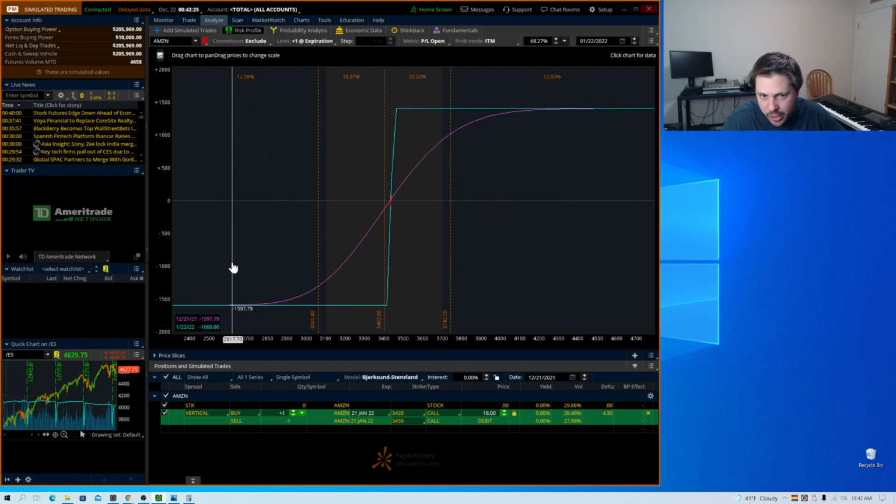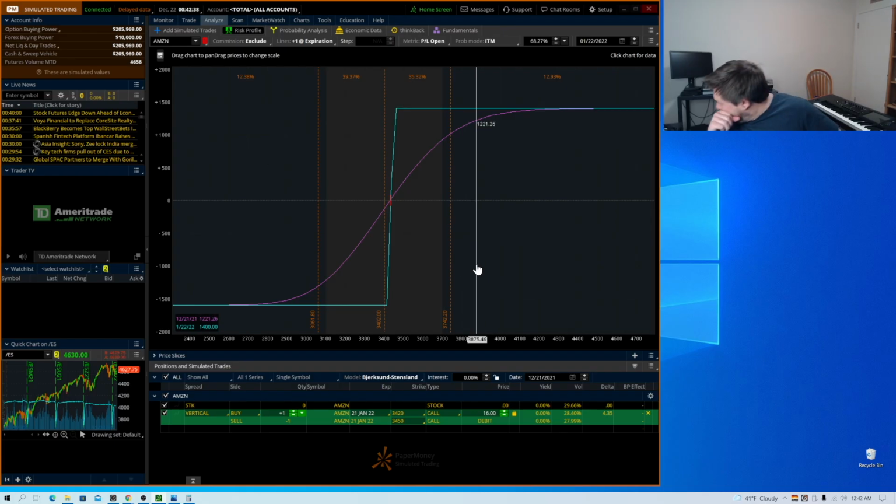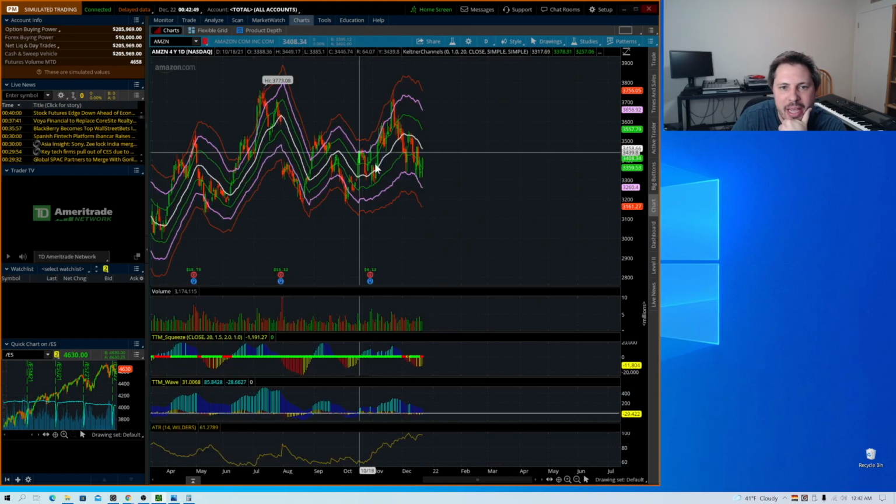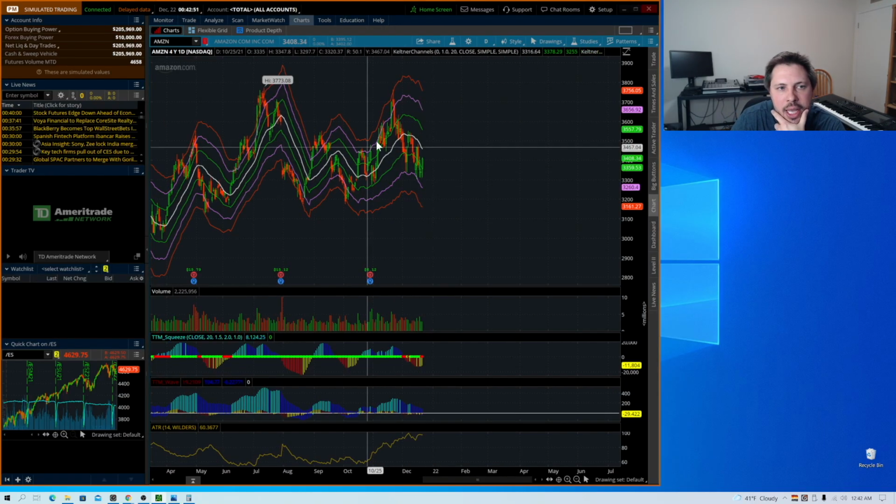So on this trade, we're risking $1,600 to make $1,400, which is a much more efficient use of our capital, which is the ability to make money on an asset like Amazon without having to spend a ton of our capital.